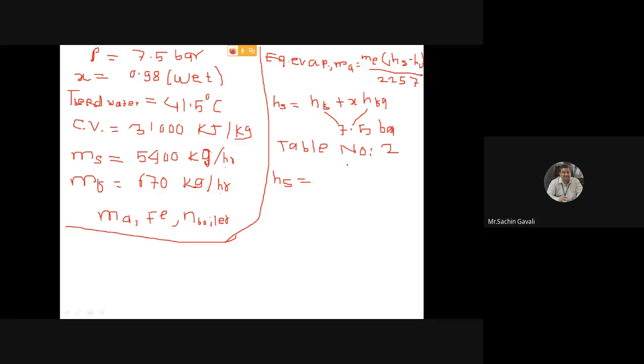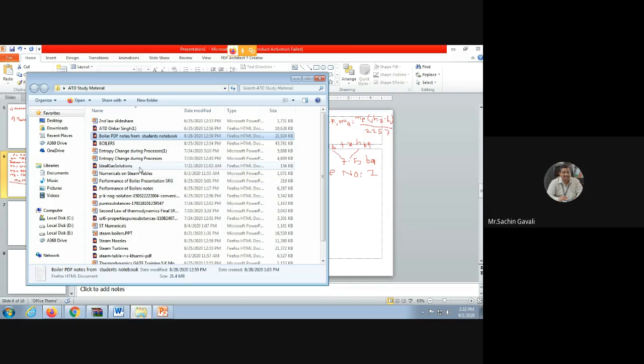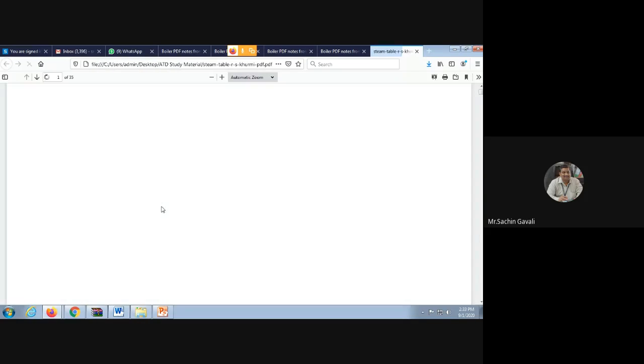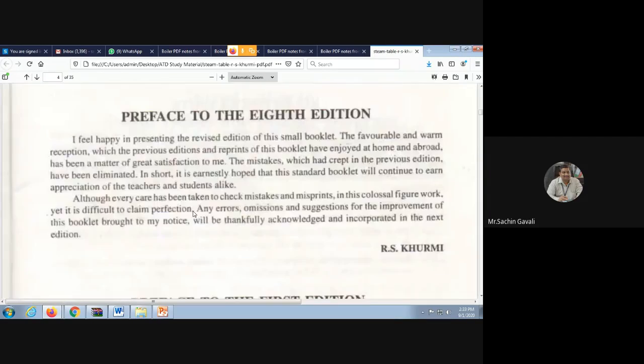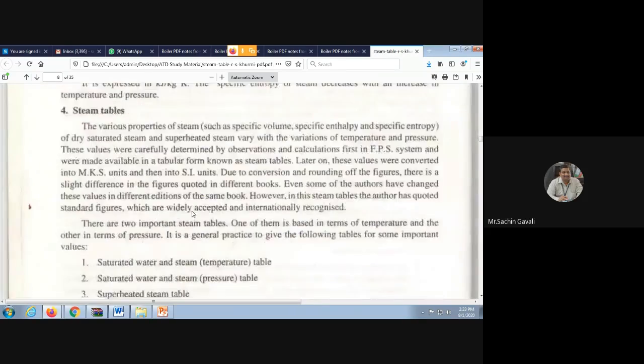Okay, shall I help? So table number 2, where is the steam table? Those who are new can go for it, this is the steam table. So this is table number 2.